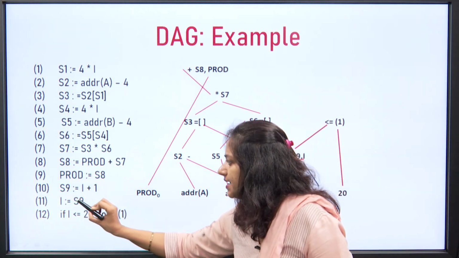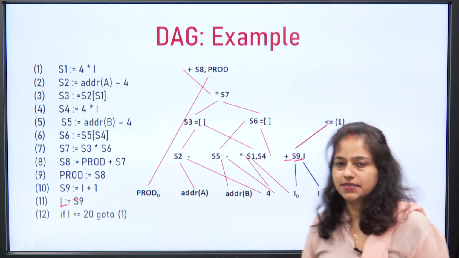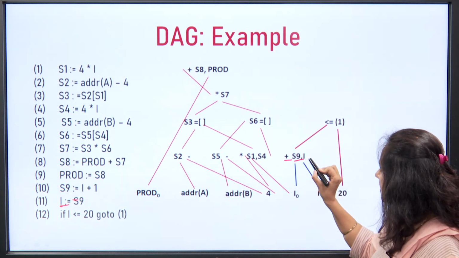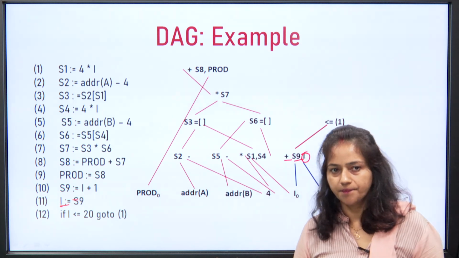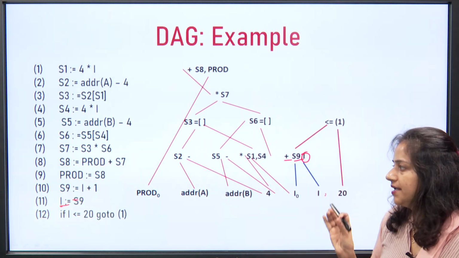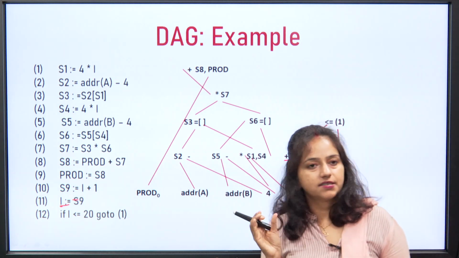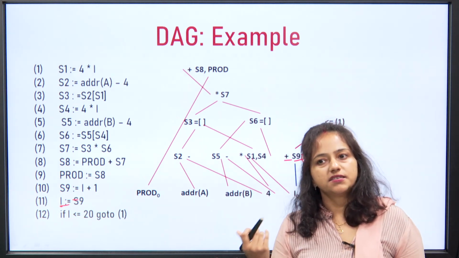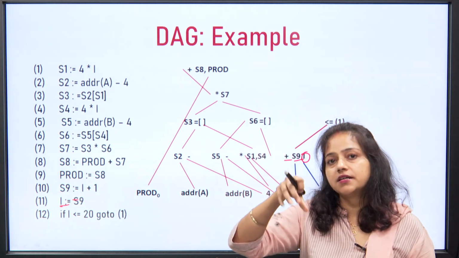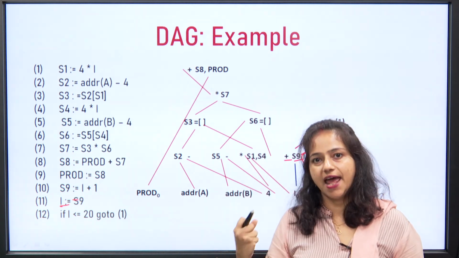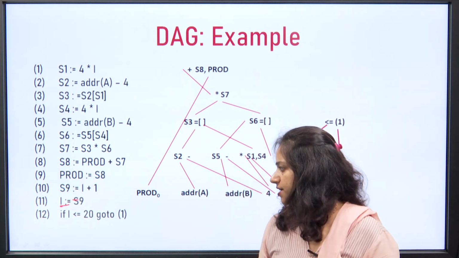Now, this S9 is assigned to I. So, again we can create a label over here, we can simply write I. So, in that way we are finding the common sub expressions, and we are using the result directly from the interior node rather than recomputing the sub expressions.